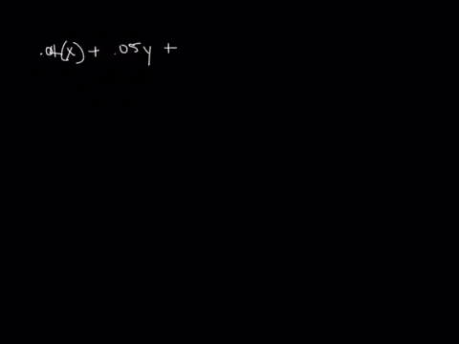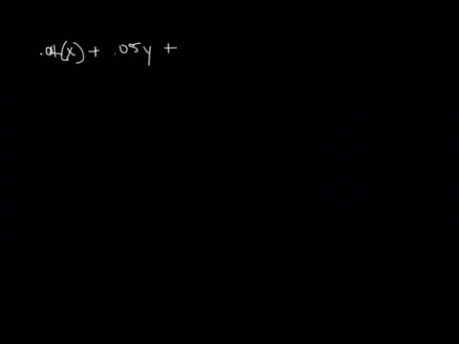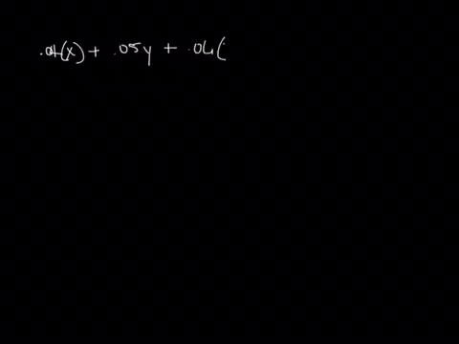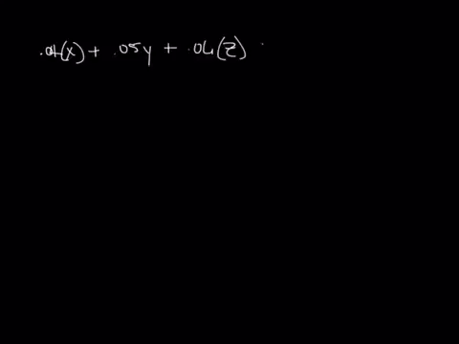We took her bonds, 0.05, times her amount invested in the bonds, plus her mutual fund, 0.06, times her amount invested there. And at the end, she had $730. So the interest from this, plus the interest from this, plus the interest from this, gave her $730. All right, so there's one equation.